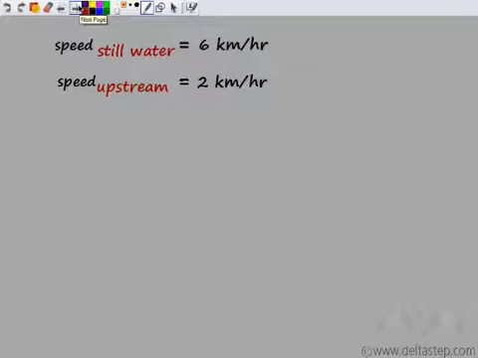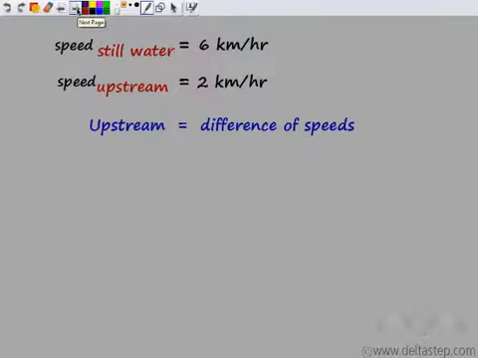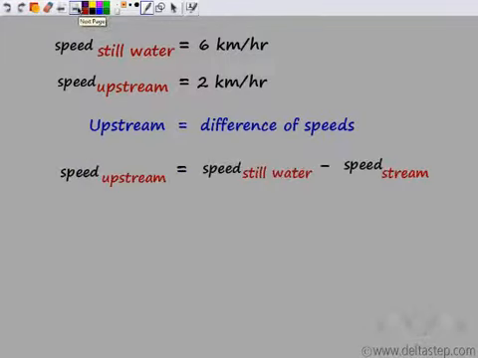So we know speed upstream is nothing but difference of the speeds. So speed upstream would be speed in still water minus the speed of the stream. So from here you can find the speed of the stream.